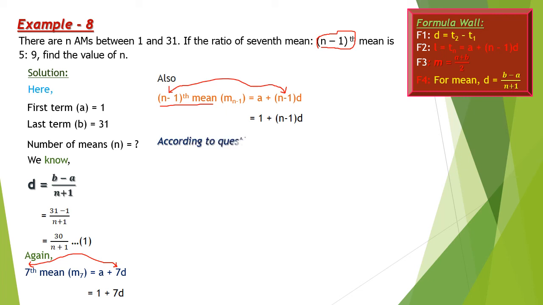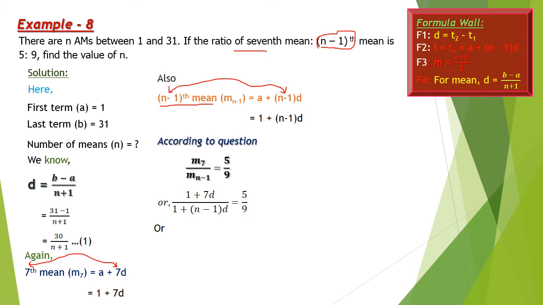According to the question, the ratio of the 7th and (n minus 1)th mean is 5:9. So our 7th mean is 1 plus 7d. Our (n minus 1)th mean is 1 plus (n minus 1)d, equal to 5 by 9.